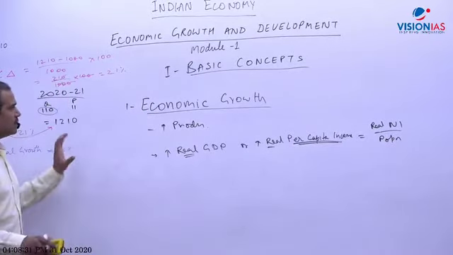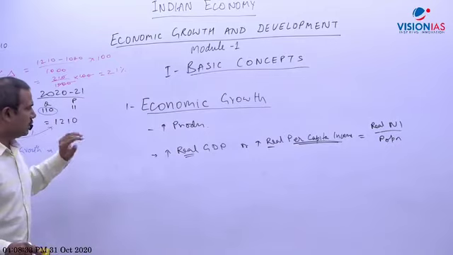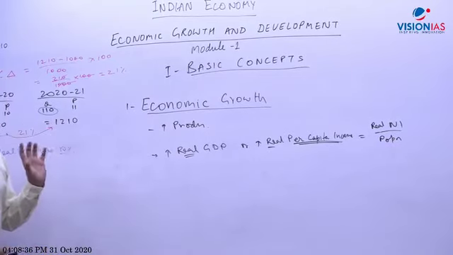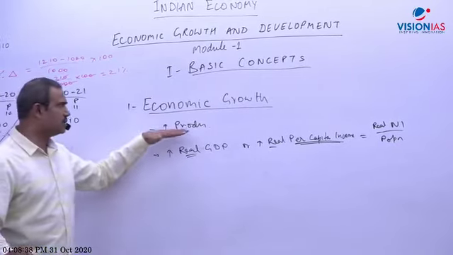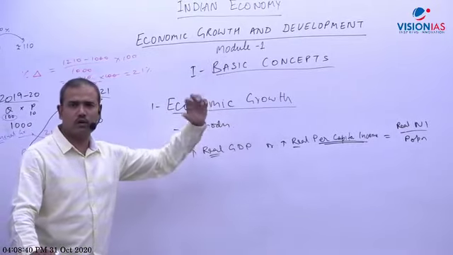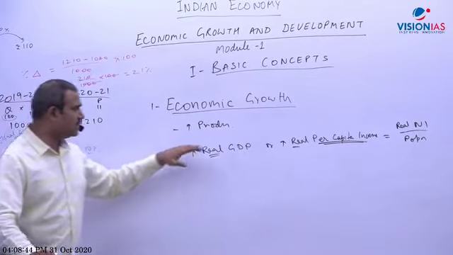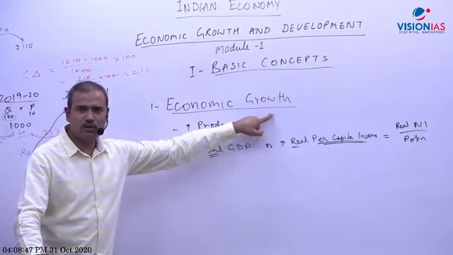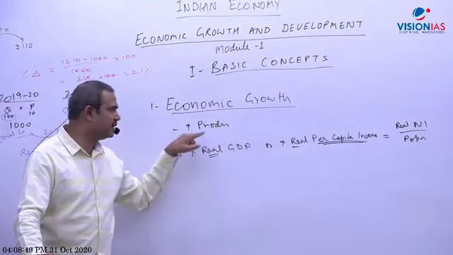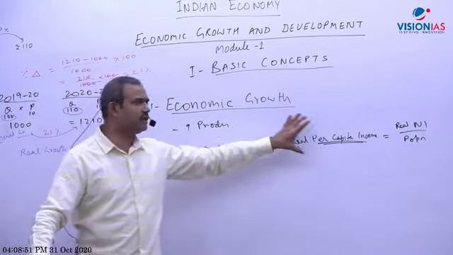So in simple words, what is economic growth? Two definitions I gave you. One definition is the increase in production of goods and services in an economy over a long period of time. The second definition is a persistent increase in real GDP or real per capita income.